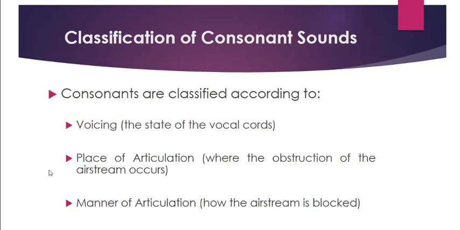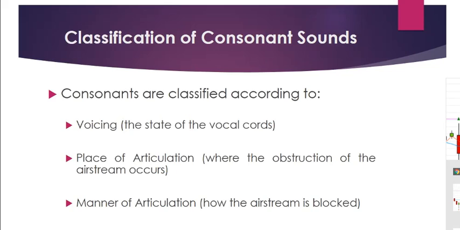The second classification is place of articulation. Remember that the consonant sound is made by obstructing the air at some point. That exact place where you're making the obstruction is the place of articulation. As I said before, if you are obstructing the air with the velum, then you're making a velar sound.